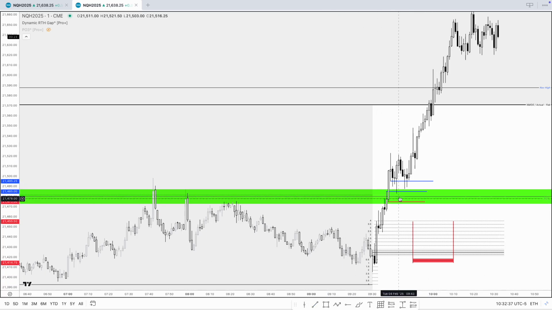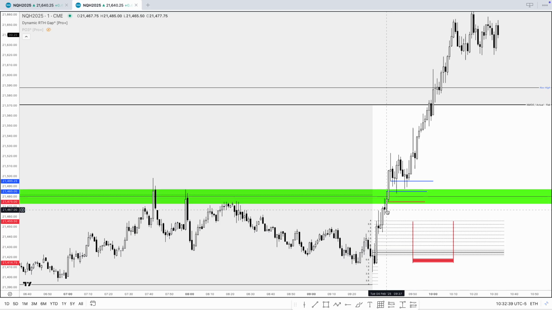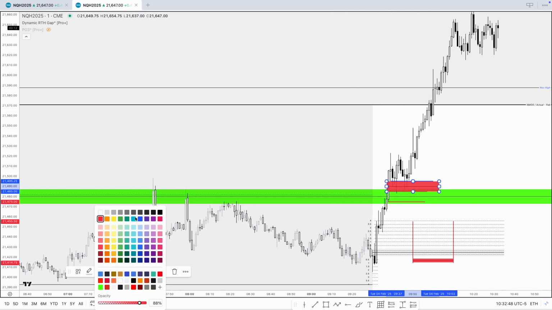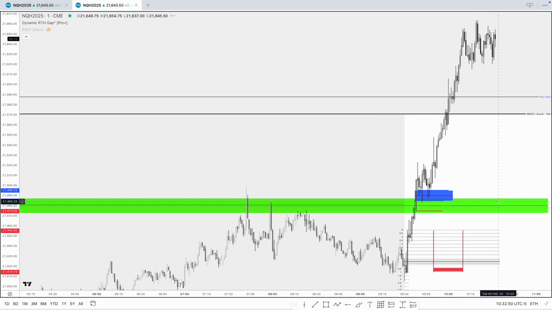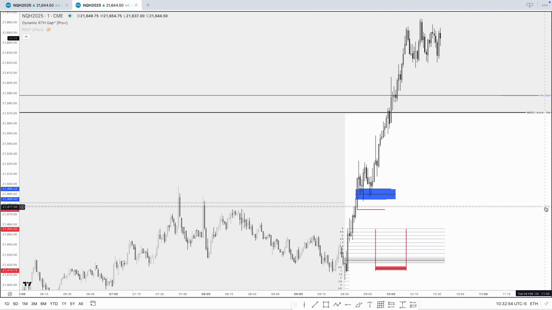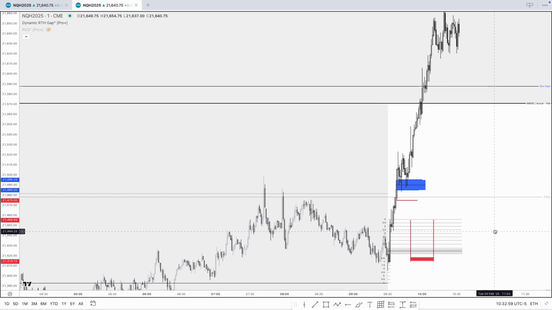So this was my stop loss below this candle, and this was the trade here. This BC from here, based on PD array from regular trading hours and the 75% of the new month opening gap.